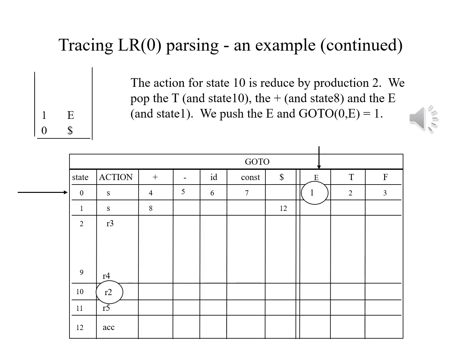E derives E plus T. So we will pop in turn T together with state 10, plus together with state 8, and E together with state 1. We will push in its place E along with the goTo of state 0 and E, which is state 1.